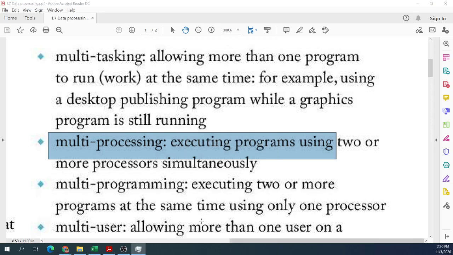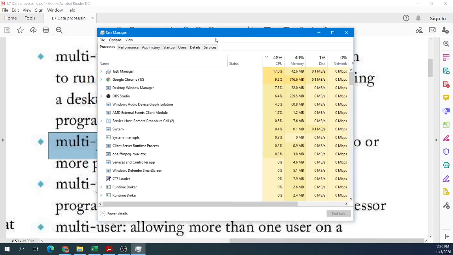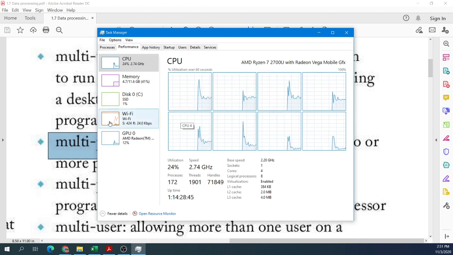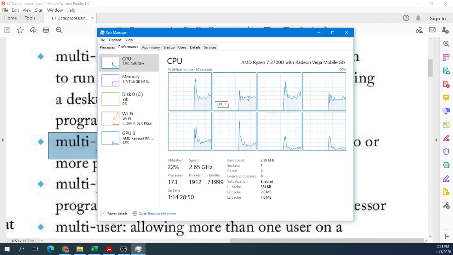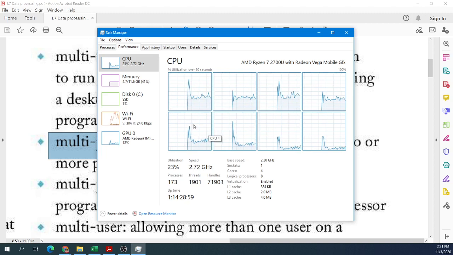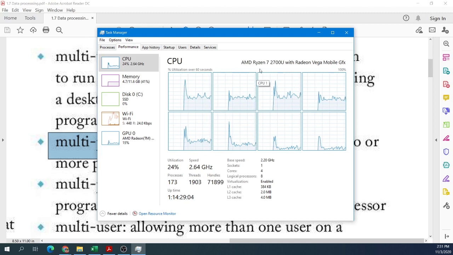For those of you who may not know, your CPU is actually made up of multiple CPUs. We call them cores, C-O-R-E, and that is how your CPU is able to do multiprocessing, multitasking, and so on. So each one of these squares that you're seeing here is actually a different CPU, multiple CPUs that are basically combined into one CPU on your computer.